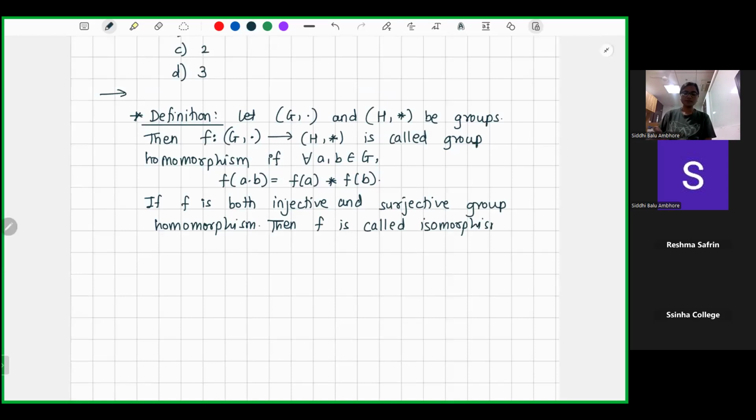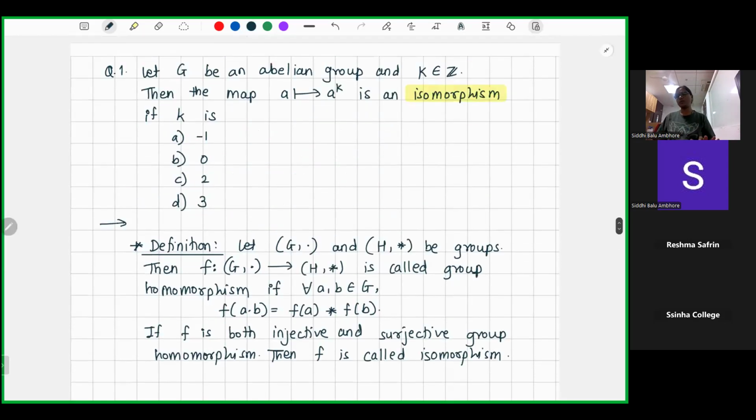Okay, so the only information given to us here is G is an abelian group. That's it. K is some integer, and this map is A going to A power K. If my G is with respect to multiplication, then it is A multiplied K times.